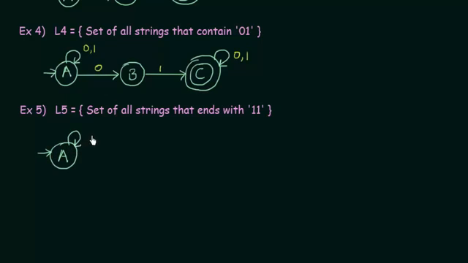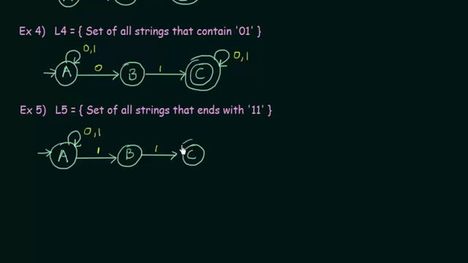It could be either 0 or 1, and A on getting input 1, it goes to state B, the next state, because I have to get this string 1, 1. And B also on getting input, what should it be? It should be input 1. Yes, on getting input 1, it should go to the next state, which is state C.